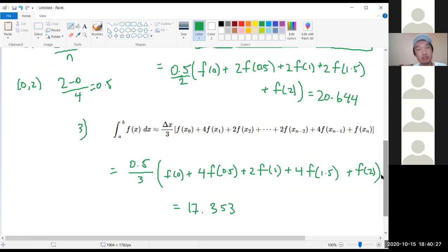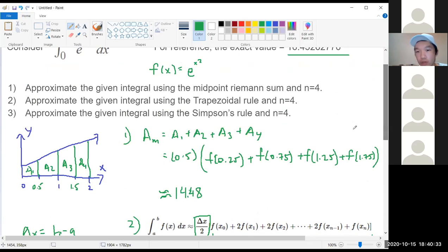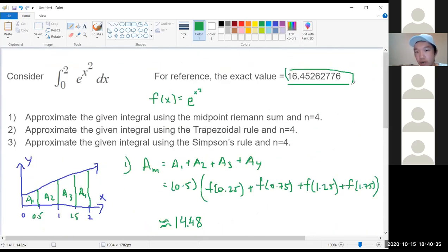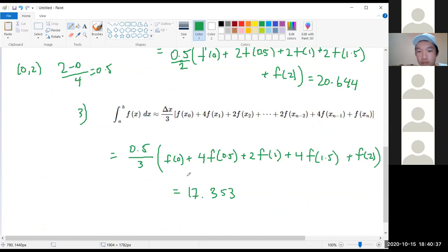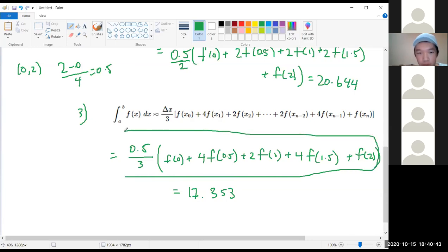These are all approximations to the integral, so you're not going to get this number as your answer. You're going to get a number that's close to it. But when you calculate this part in a calculator, I will specify what decimal place to round this answer off to.